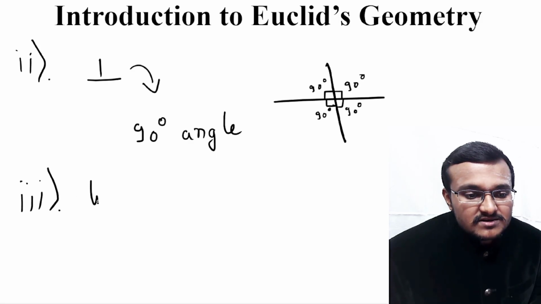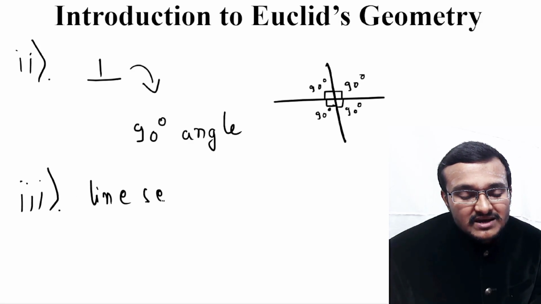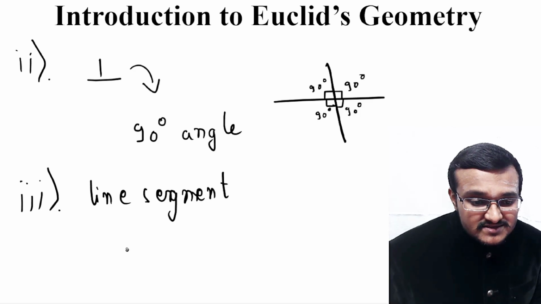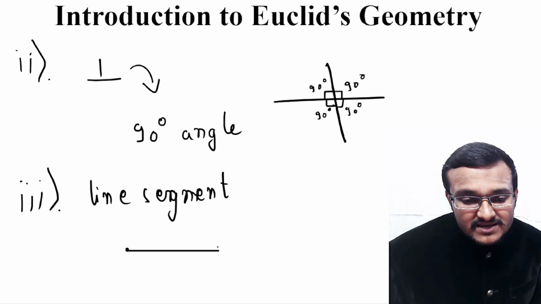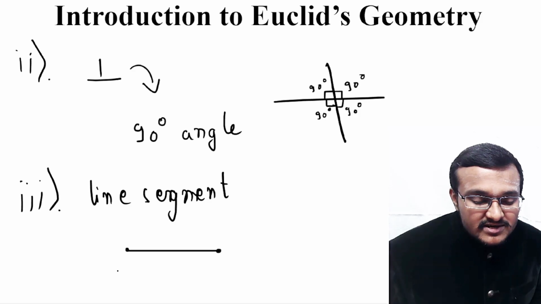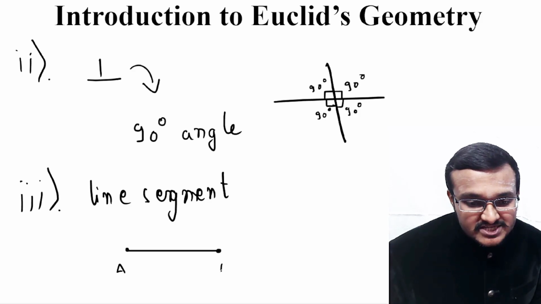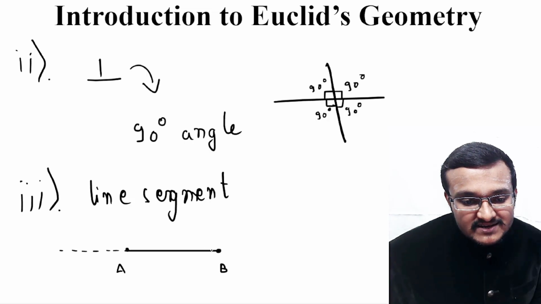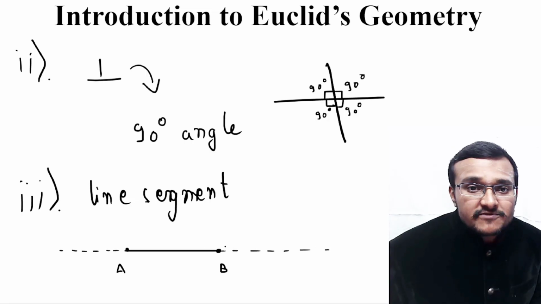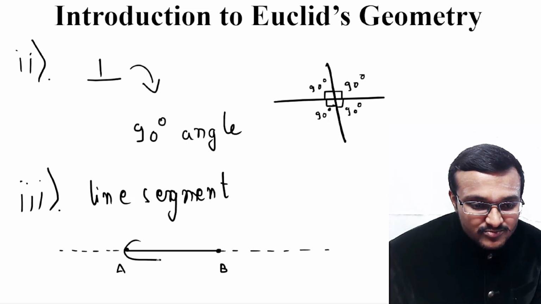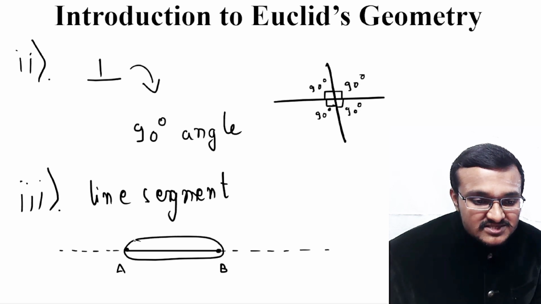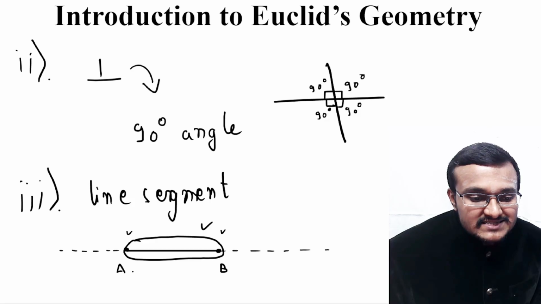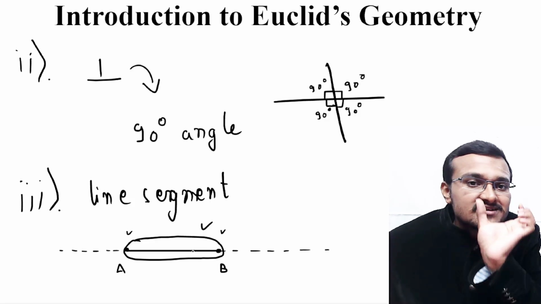Now we look into the third term, that is line segment. A line segment is a particular straight line which is bounded between two terminating points, that is A and B. For example, if there is a straight line like this, and out of this straight line you take one particular part and name the terminal points of this segment as A and B, this acts as a line segment.